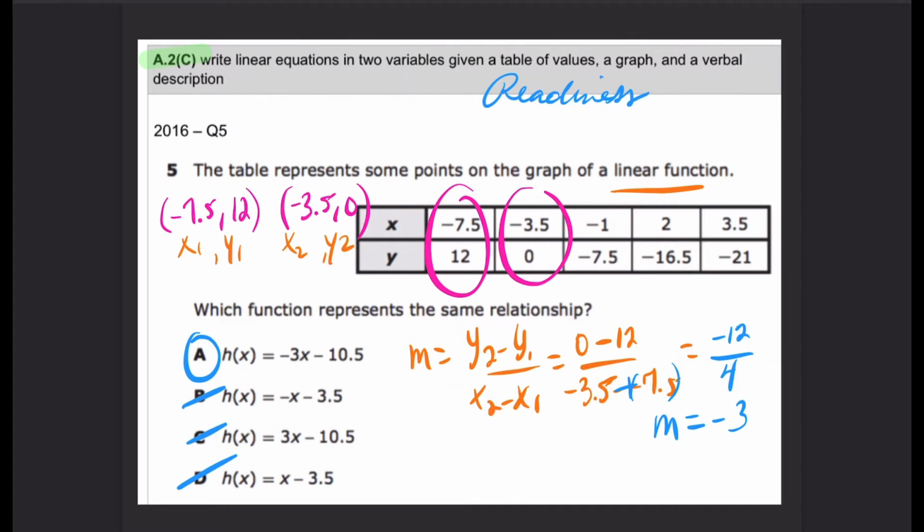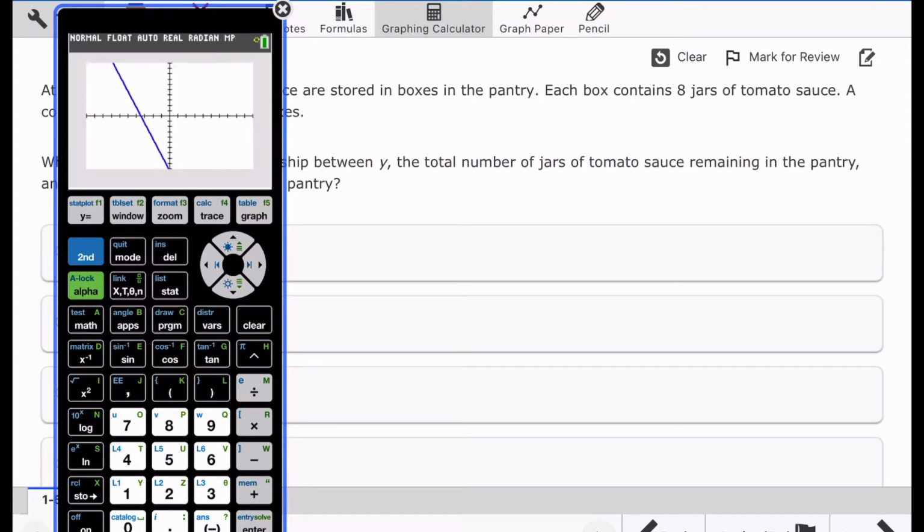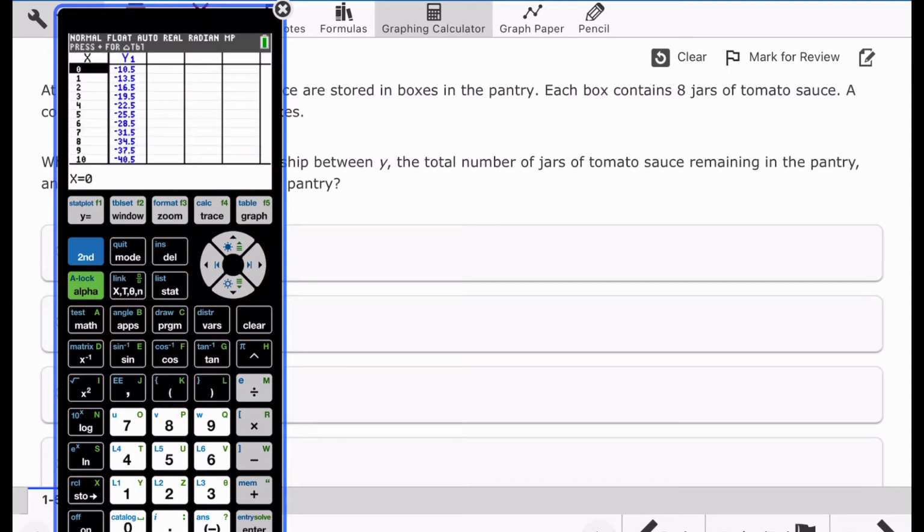If I want to be 100% sure, I am going to use my calculator to check. I am going to graph h of x, and it should give me every single point on this table. Technically we didn't even have to hit graph because we're going to look at the table. So you hit second graph, and here is your table.